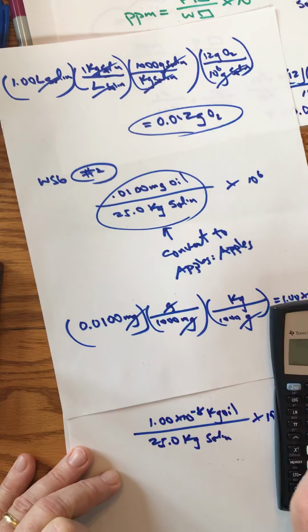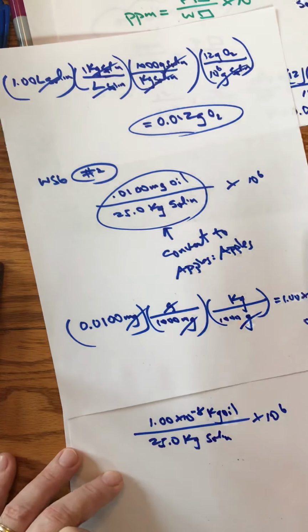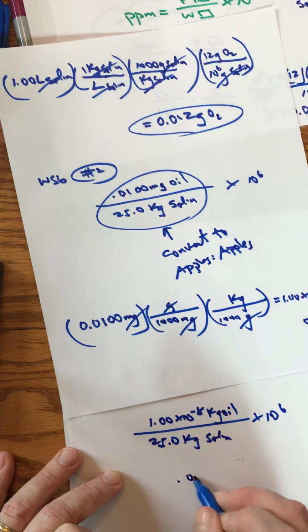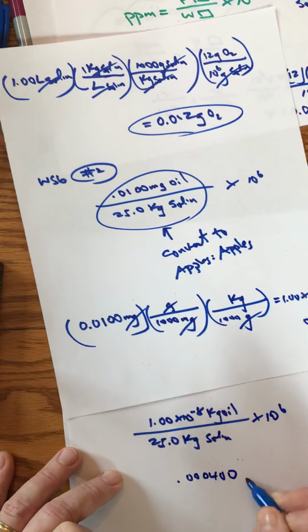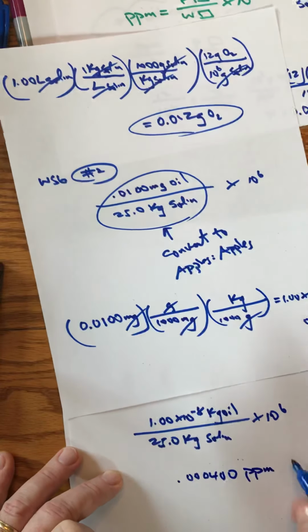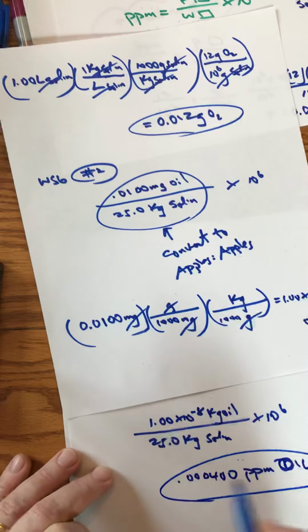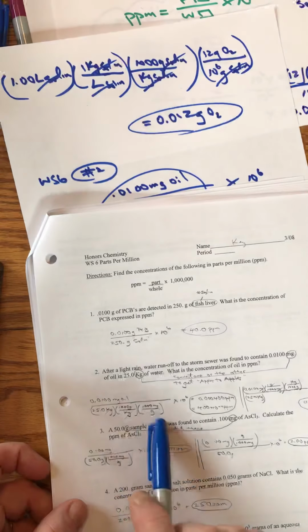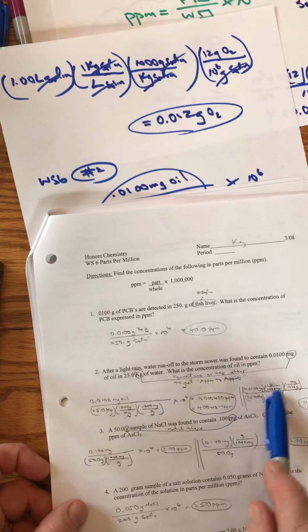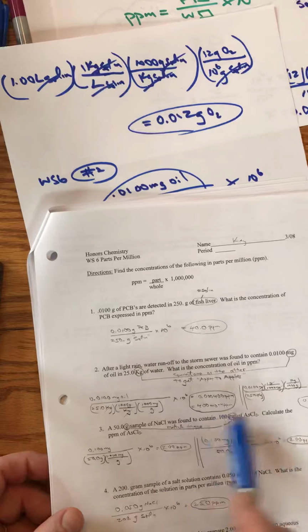Answer: 0.0004 with 3 sig figs, 0.000400 parts per million oil. So when I post the key later, here I worked in milligrams, here I worked in kilograms, but either will give you the same ratio.